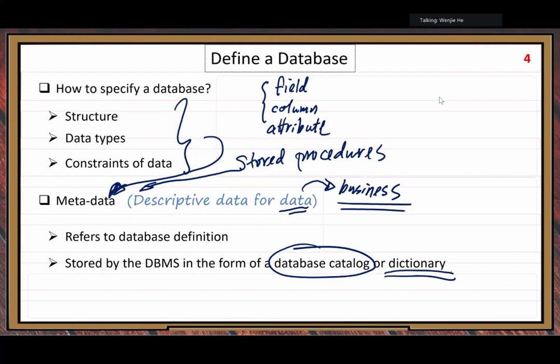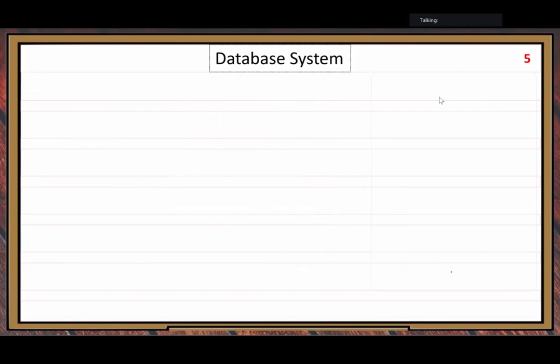There is a special location on the hard drive of your database server, the database catalog, or dictionary. There are two separate sections: one is the metadata part, the other is the business data part.